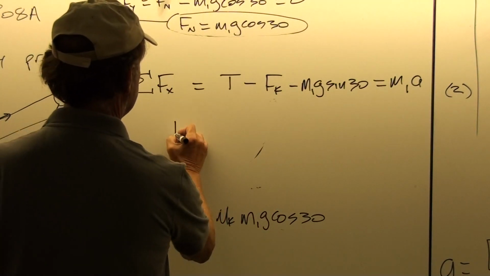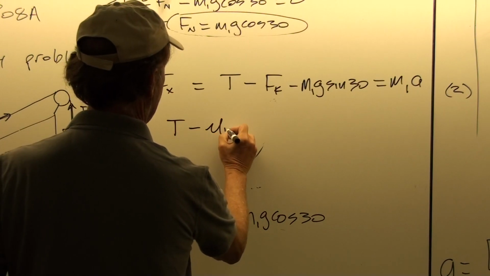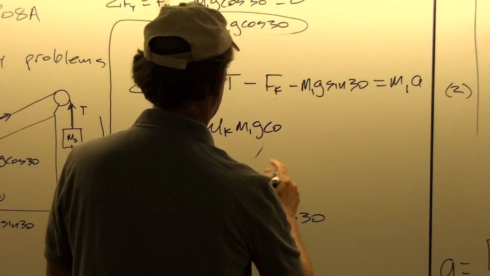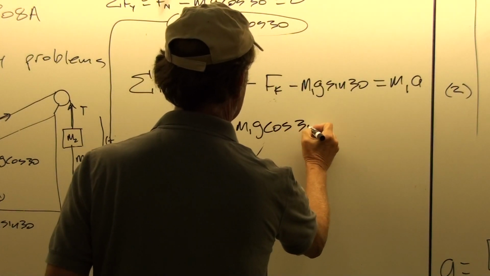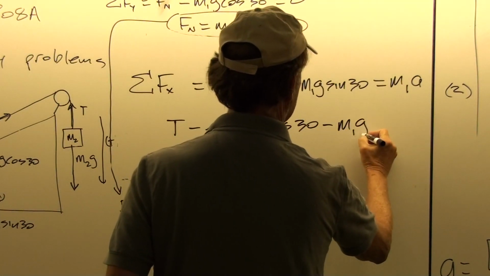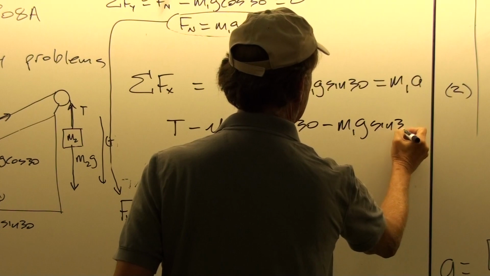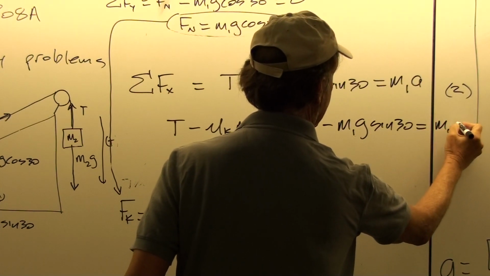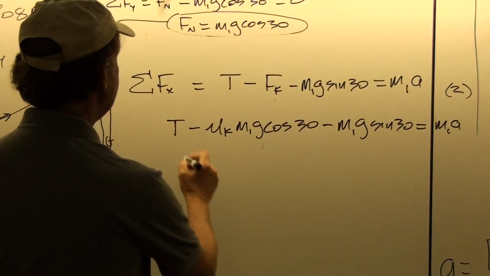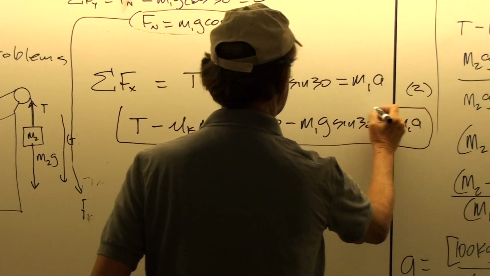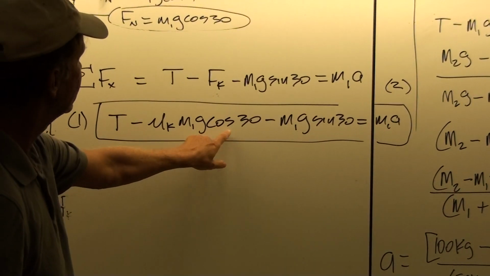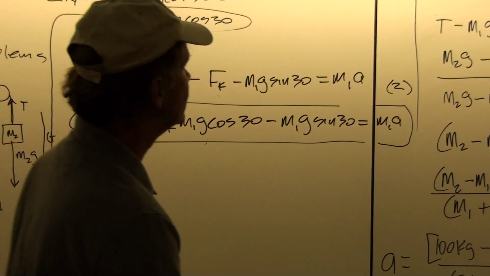So that gives me T minus mu k m1g cosine 30 for Fk minus m1g sine 30 equals m1a. Okay, so that's our new equation now. This is our new equation 1. Just like the old one, but with this extra negative friction term in there.